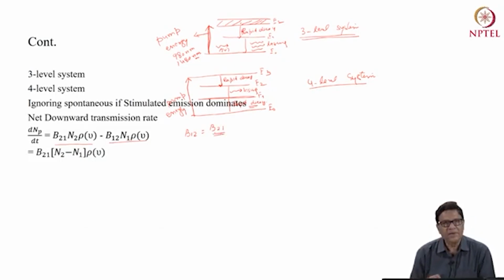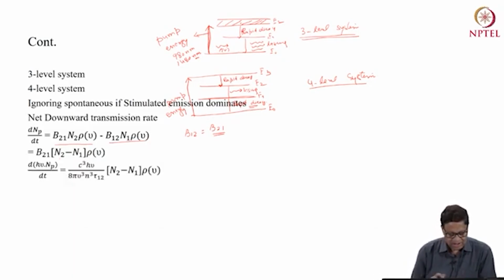That means the transition probability of absorption and of stimulated emission are the same. So B12 can be taken common, and this becomes N2 minus N1 times rho nu. If I multiply by h nu Np, then I get this equation.